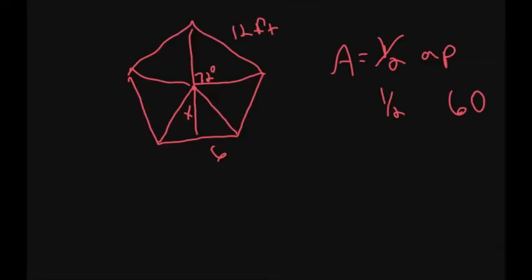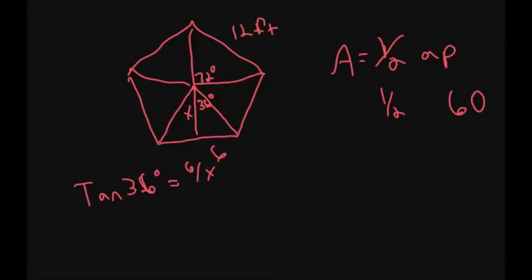And if I do, I'm going to take 72 and divide it by 2. To find this angle right here is 36. And once I know that angle, then I can use the tangent function to find my x there. So tangent of 36, tangent is opposite over adjacent, so that would be 6 over x.